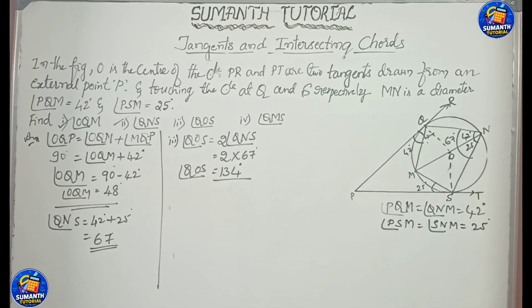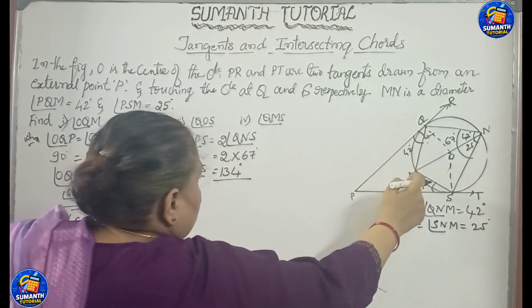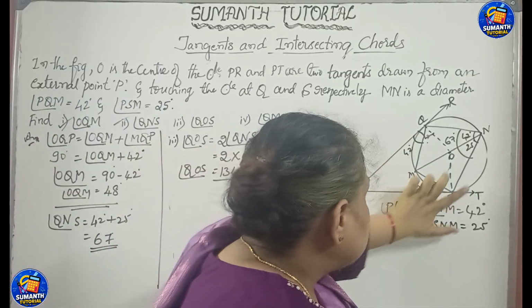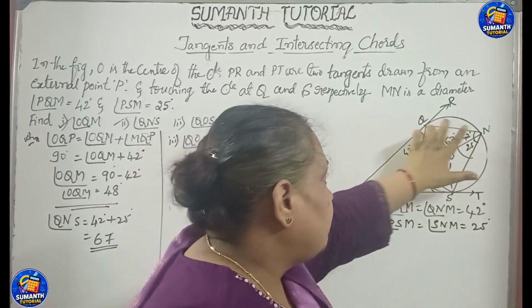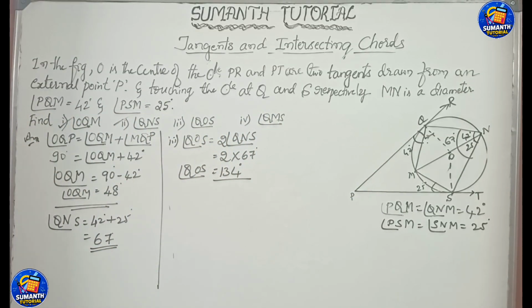So what is the last thing to be found? That is QMS. As you see, children, MSNQ looks like a cyclic quadrilateral. So according to that, the sum of opposite angles is equal to how much? It is equal to 180 degrees.